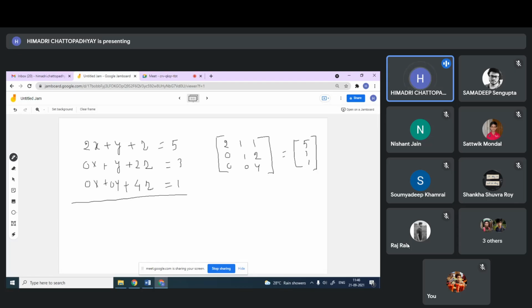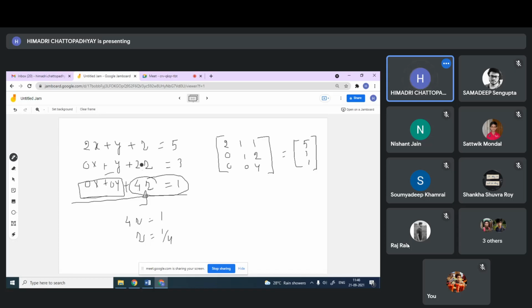When the last row has only the last element non-zero, life is very simple, because you know now 4z equal to 1, so z equal to 1 by 4. Now you put it back here and back here, then you can solve between x and y.